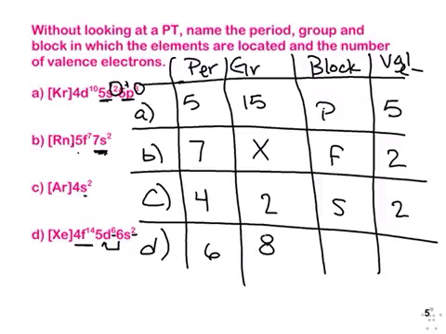What block are we in? D. How come we're not in the S block here? It's full. Because it's full, and is our D block full? Nope. And then how many valence electrons? Okay, so options that I've heard right now are 6, 8, and 2.